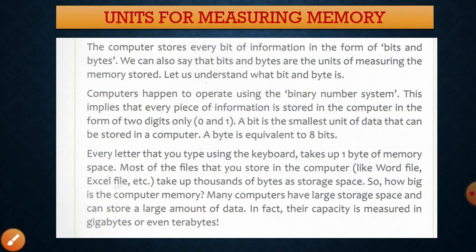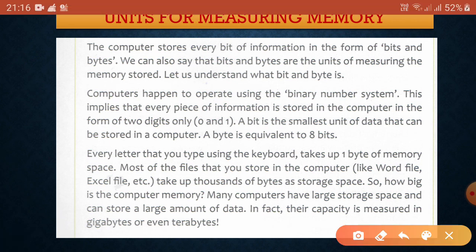So the next part is units for measuring memory. We know the computer does not know anything except 0 and 1. In computer science, every piece of information is in the form of bits or bytes. Let's understand what a bit and a byte are. Computers operate using the binary number system.